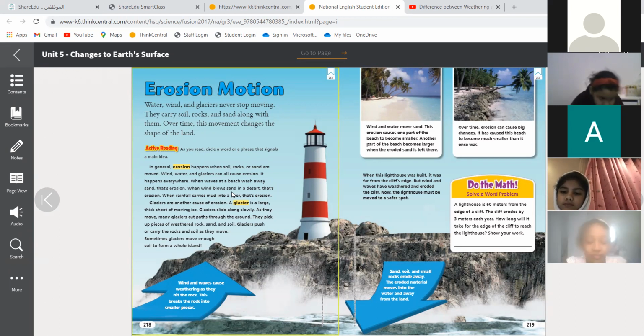So I told him erosion is when water or a glacier takes down the rocks, and then the rocks go down and down and down, then they will be separated. Yes, that's right. Very good. Well done. Thank you.